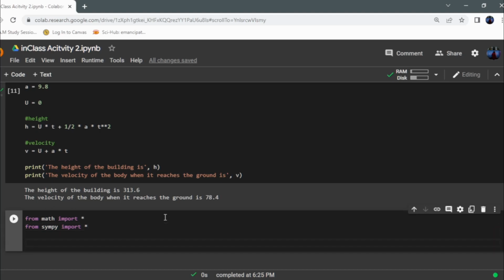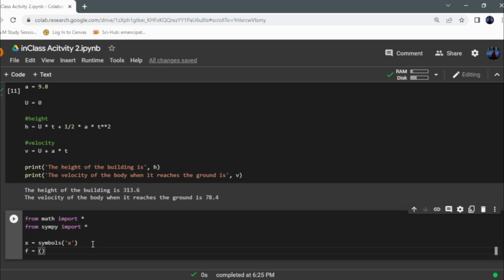So how does one solve a limit with Python? In sympy syntax, x is our symbol. It could be t, h, or anything, but that's our x symbol. And then our f, that's our expression.